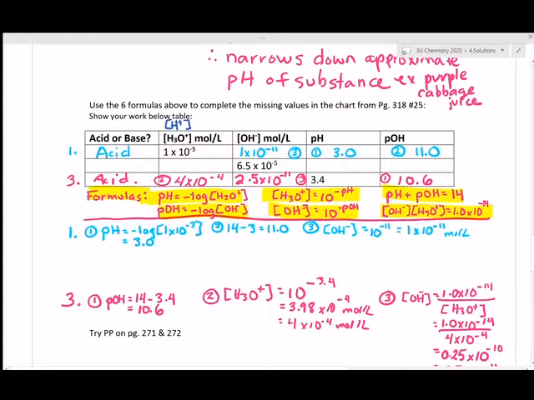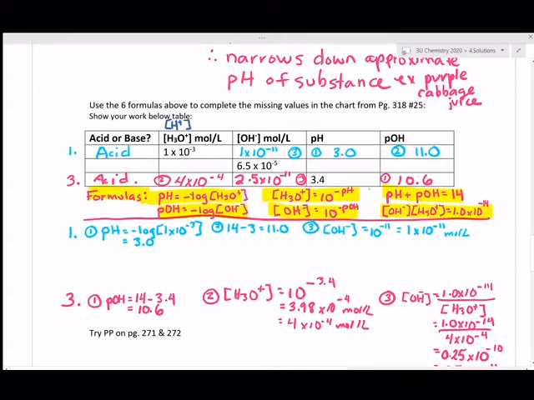So as a result, you know that the pH has to be 3, but you can do it in your calculator. Okay, so that's the first thing I did. So I put number 1 here to say I figured out pH. There's the calculation. Then I'm going to do the easiest calculation. Once I know pH, I'm going to get the pOH by knowing that 3 plus 11 has got to equal 14, so pOH has to be 11. So that's the second calculation. And once I know the pOH, I can do my third using this formula.